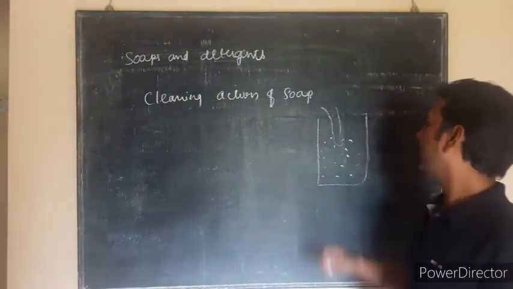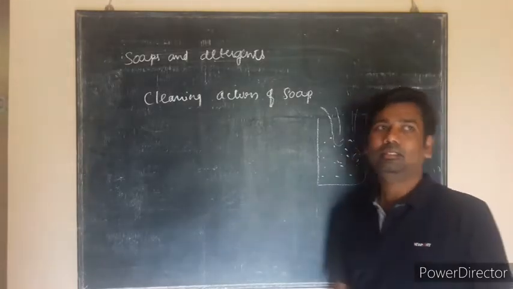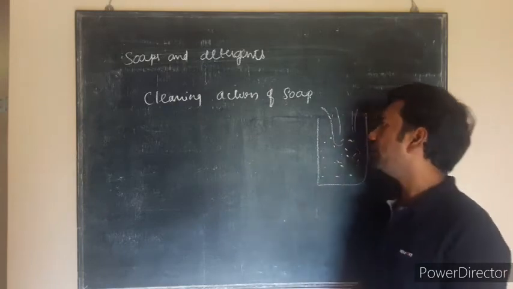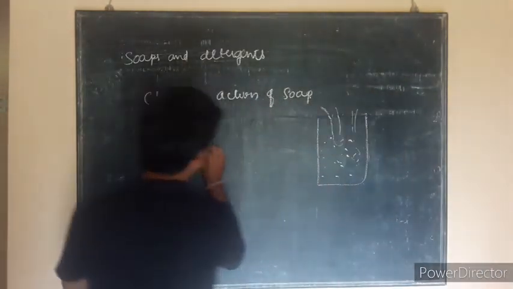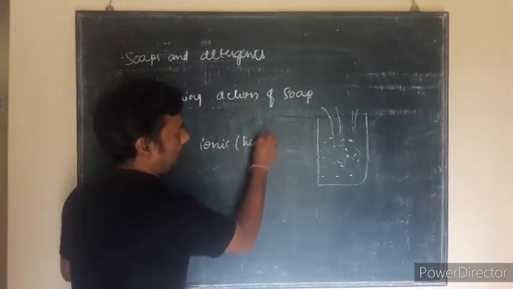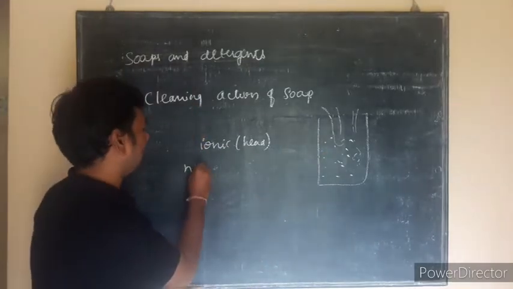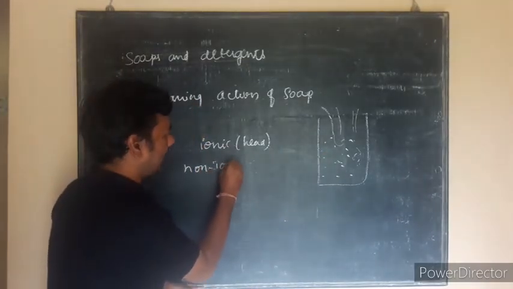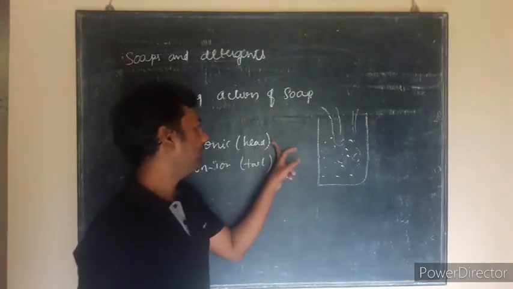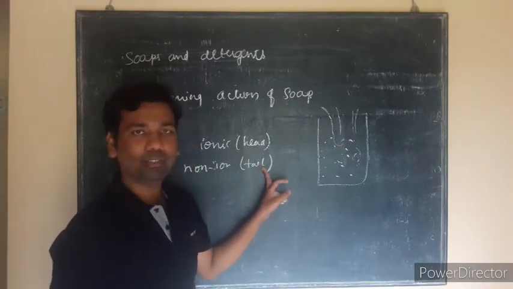Then if you add dirt, a shirt or cloth into this, the soap particles arrange in such a way that the ionic components, that is the head part, go towards the water, and the non-ionic components, that is the tail part, are hydrophobic and away from the water.